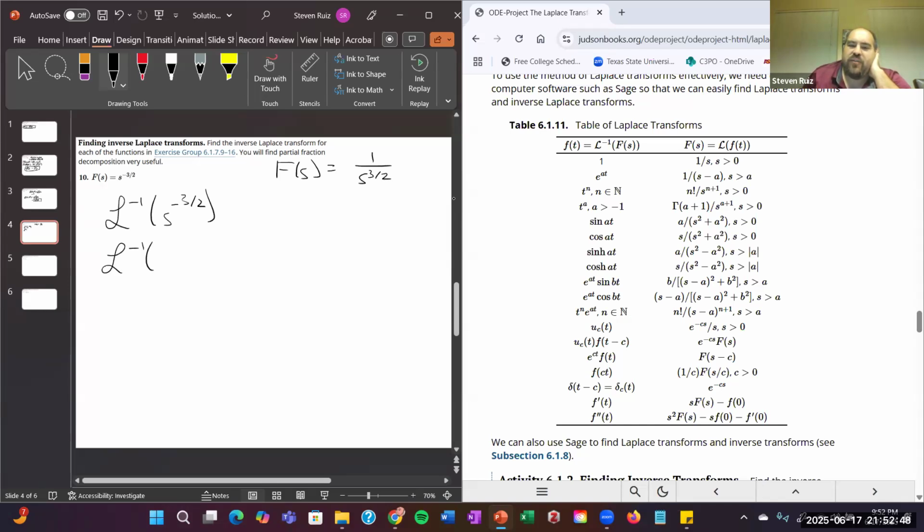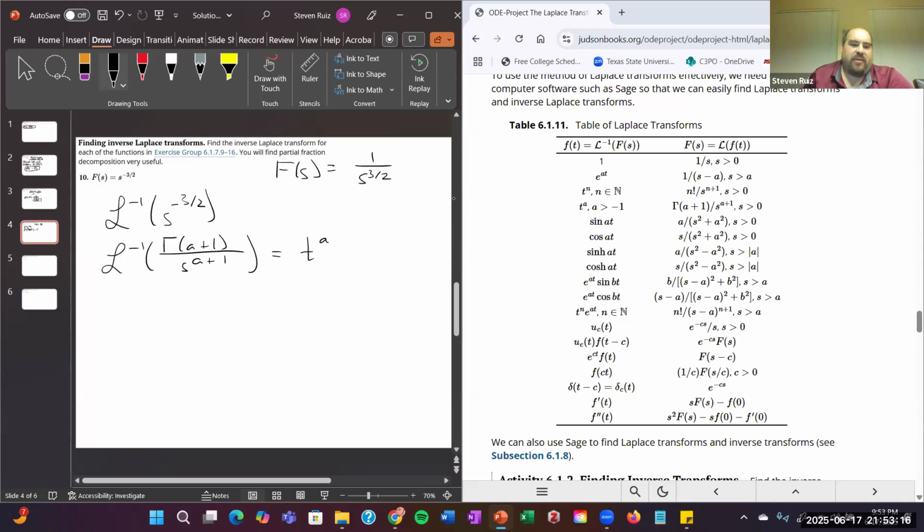The inverse Laplace transform of capital gamma of a plus 1 over s to the a plus 1 is equal to t to the a. So now, based on what we have, what is our a?